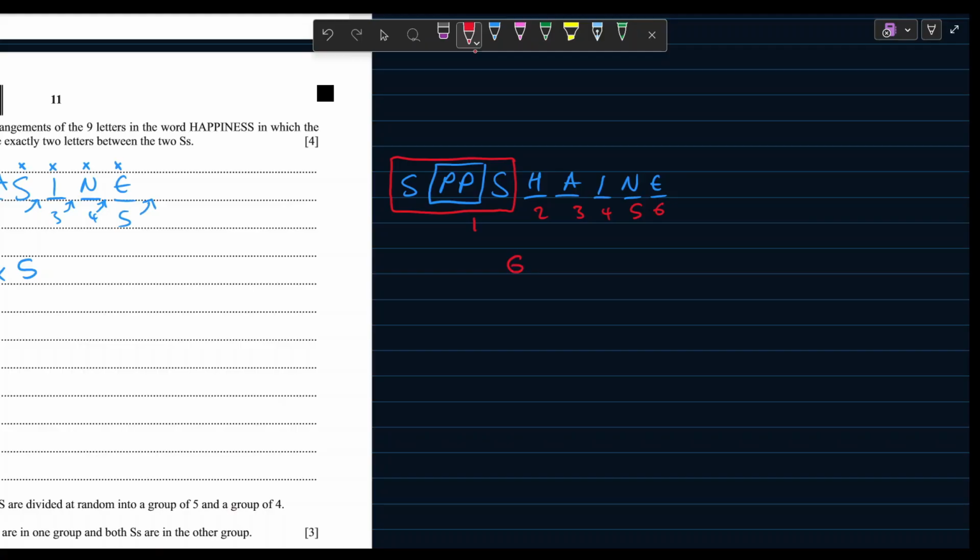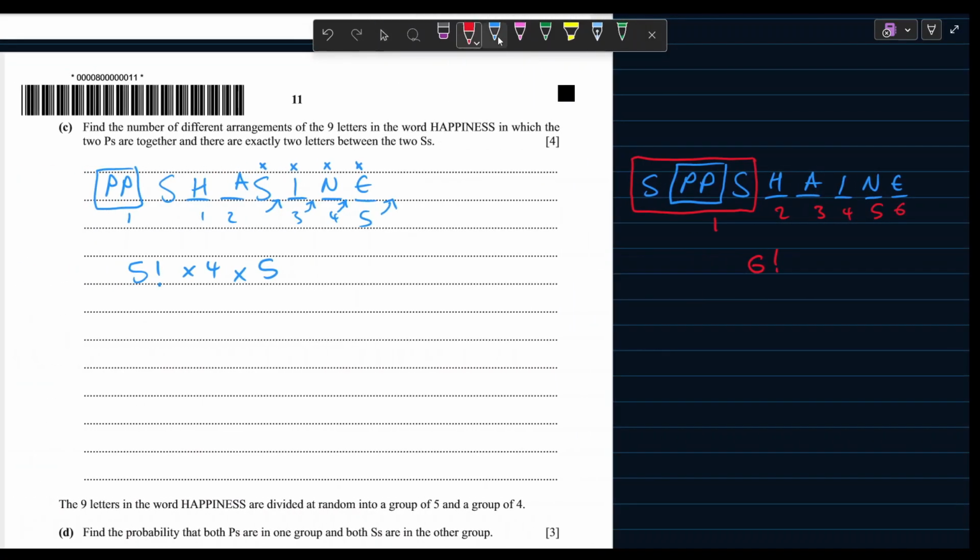So this becomes 6 factorial. And then we add the two scenarios together. So we've got 5 factorial times 4 times 5 plus 6 factorial. That gives us 3,120, and that's our final answer.